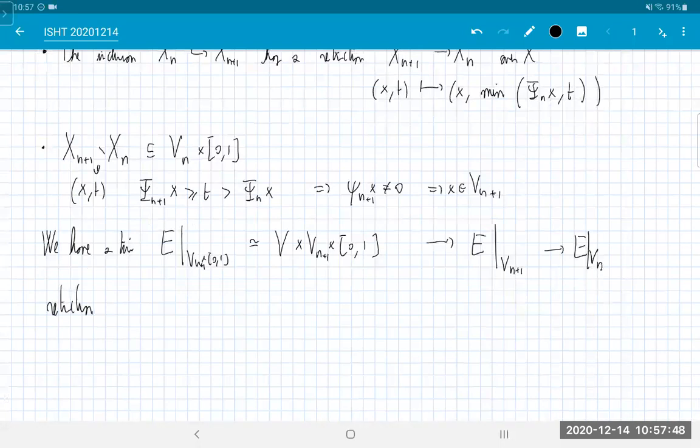a retraction above X n plus 1 to Xn. Let me call this R n plus 1. This is a retraction above a retraction that I had. It's just applying the retraction on the second component and the identity on the first component.